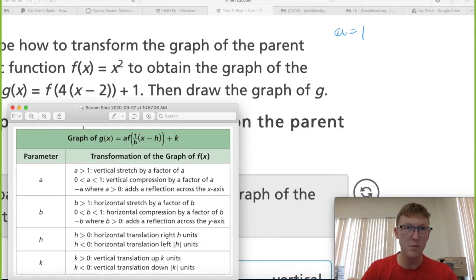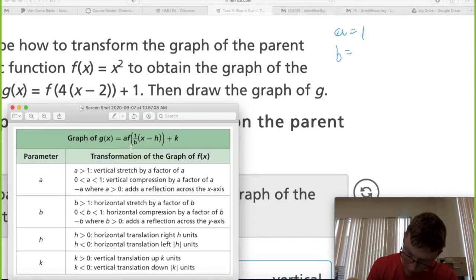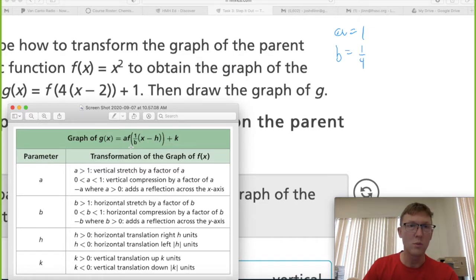Our b is inside of the function. Here we have a 4 inside of the function, but our b is 1 over b. So in this case, our b is going to be equal to 1/4, because when we plug that into this part of the equation, it will turn into the 4 that we see there. I bring that up over and over again because I don't want you to get confused by it.